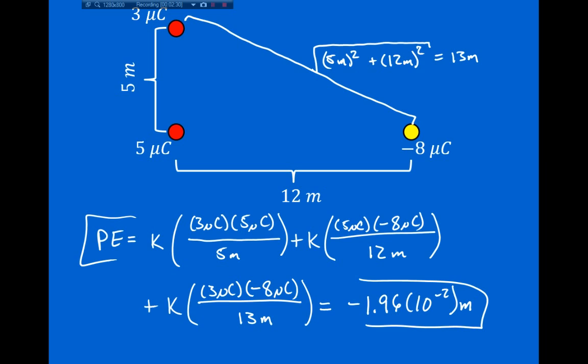Now obviously here, in this charge distribution, it's a little bit more complicated than that, because some of the particles are repelling each other and some of these particles are attracting each other. But the fact that this potential energy is negative tells me that the potential energy associated with these 2 particles and these 2 particles is greater than the potential energy associated with these 2 particles, or at least larger in magnitude.